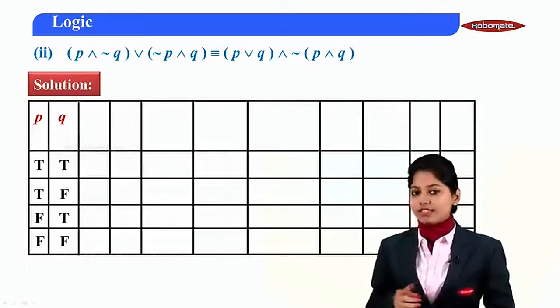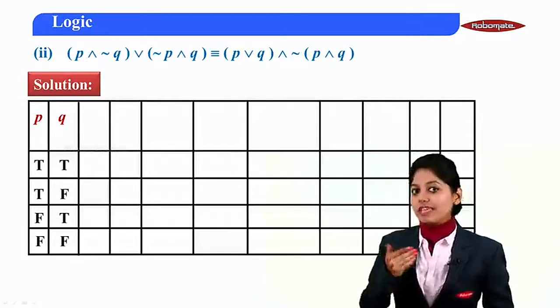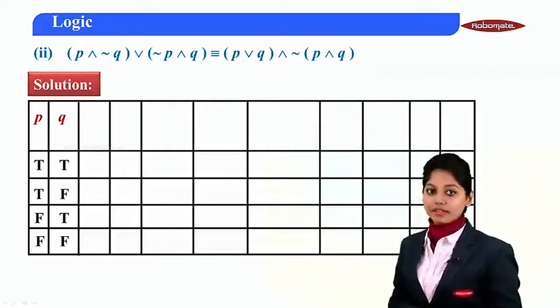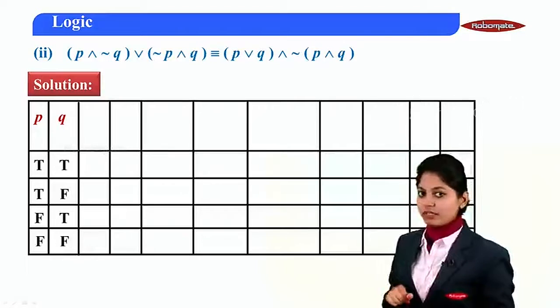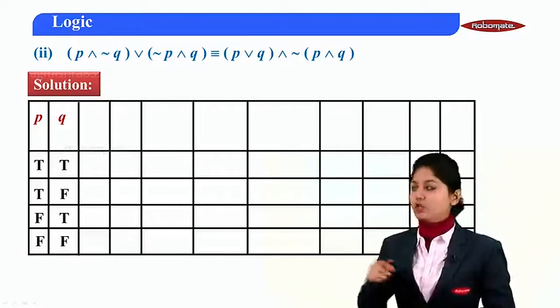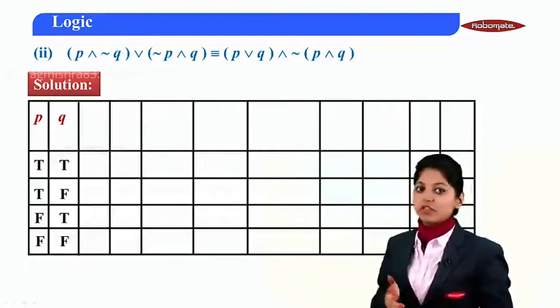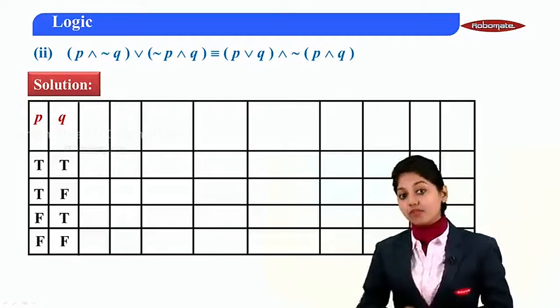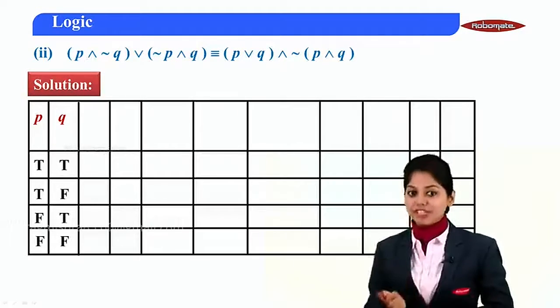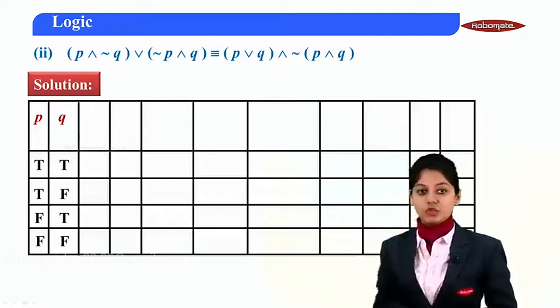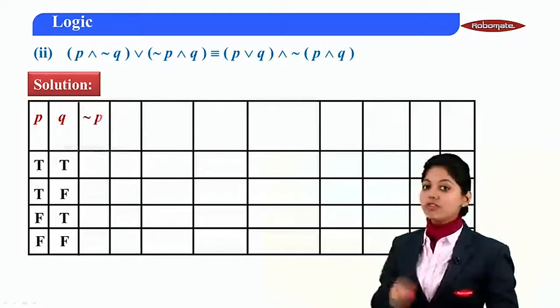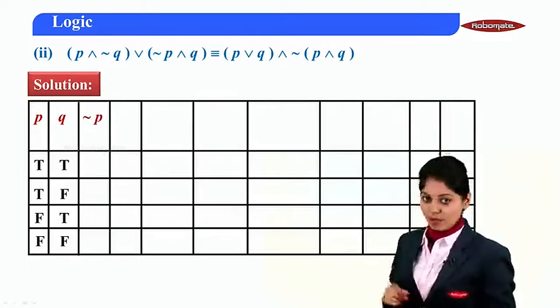Yes class? Now, for the first bracket of that first statement pattern, it is P and negation Q. That simply means negation of each statement is required here. But do we have negation Q here? No. Okay. Do we have negation P here? No. Therefore, first of all, we require columns for negation P as well as negation Q. Okay class. So here we start with the negation P column.